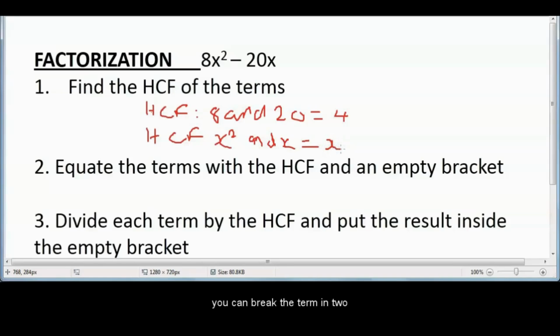You can break the terms into constant and variables if you like. The HCF of 8 and 20 is 4. The HCF of x squared and x is x. So we can combine now. The HCF of 8x squared and 20x is 4x.